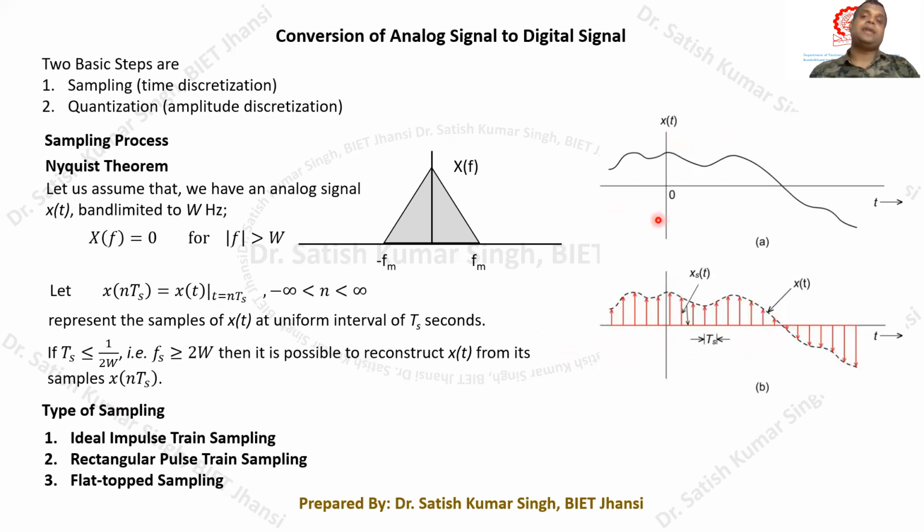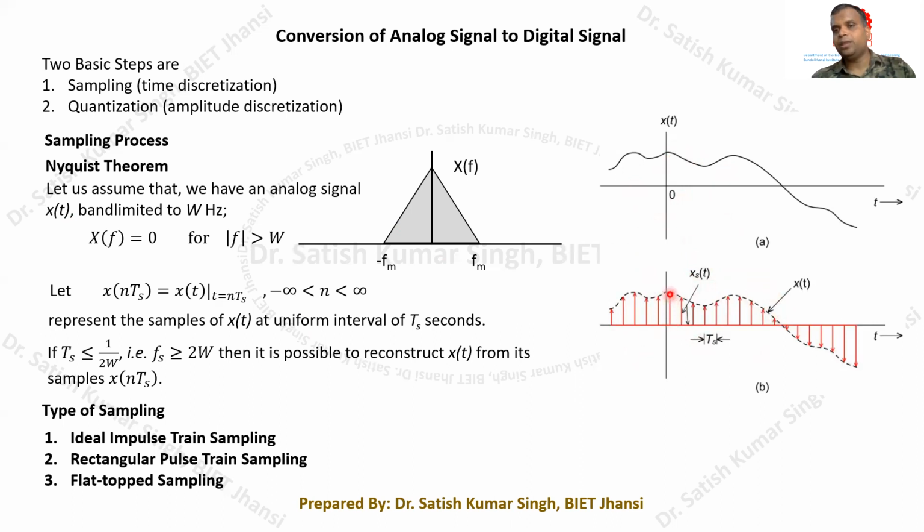The meaning is that if the sampling frequency fs is less than 2W, then there is no possibility that the samples we obtain can reconstruct the original message signal x(t). When we do the discretization in time, we actually lose the information between the two sampling intervals.